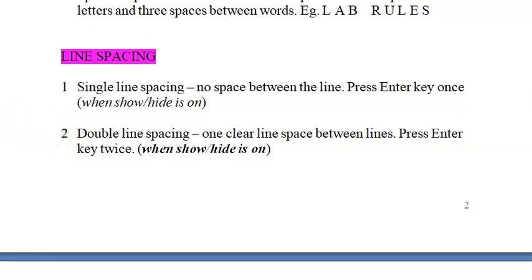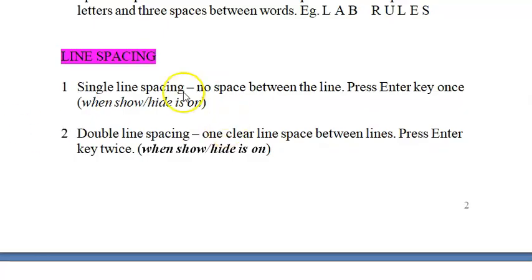The next one speaks to double line spacing. With double line spacing, there's 1 clear line space between lines. How do we achieve that? We achieve that by pressing the Enter key twice when the show hide is on.